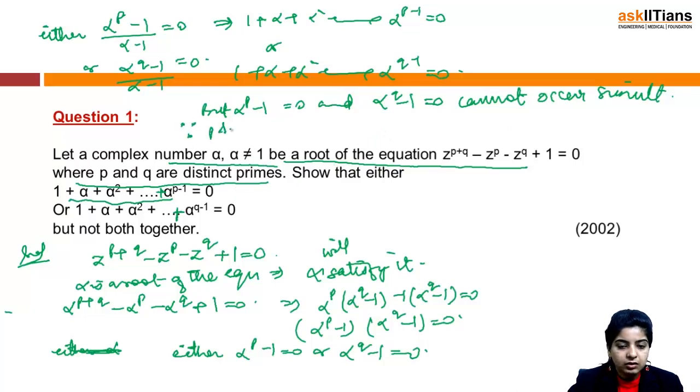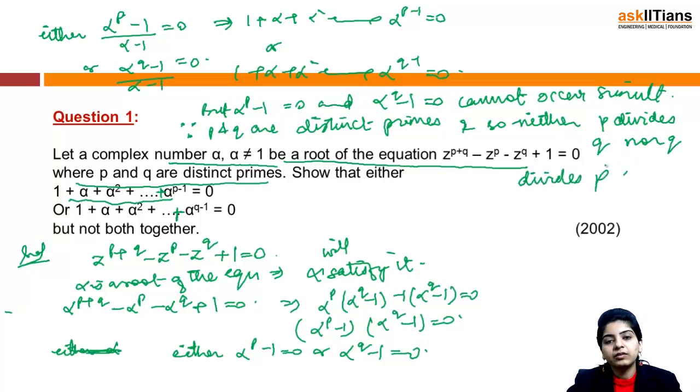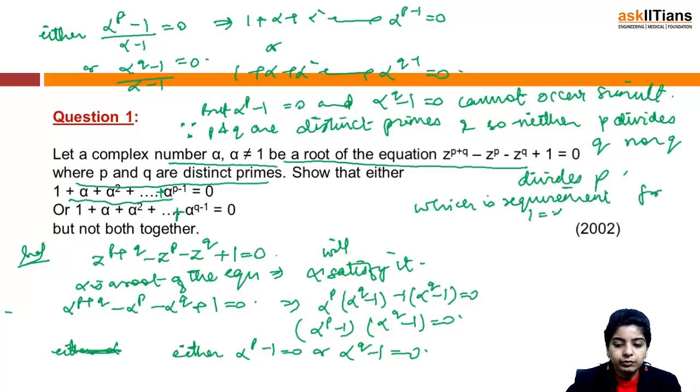Because p and q are distinct primes, neither p divides q nor q divides p, which is the requirement for 1 to be equal to alpha to the power p to be equal to alpha to the power q.